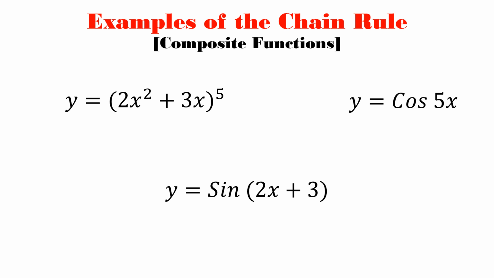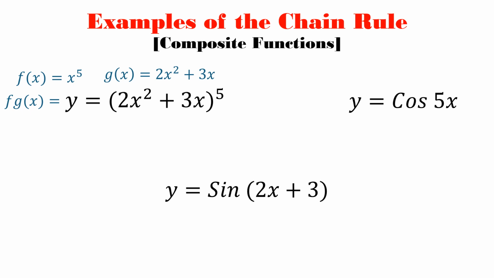So our first one here is y equals 2x squared plus 3x, all to the power of 5. So we have an outer function, which we'll call x to the power of 5. We have an inner function, which is 2x squared plus 3x. And this y is basically f after g of x.